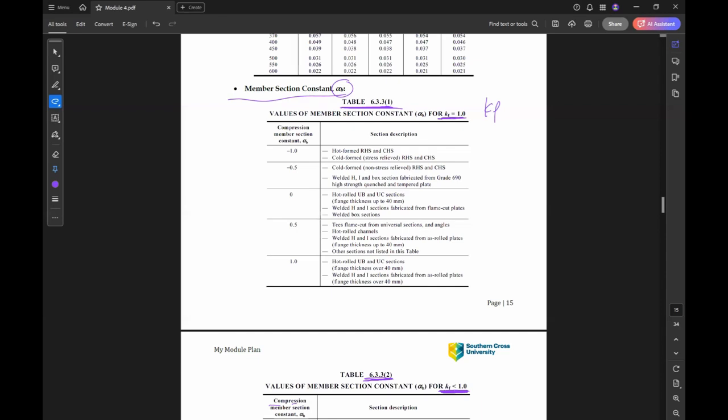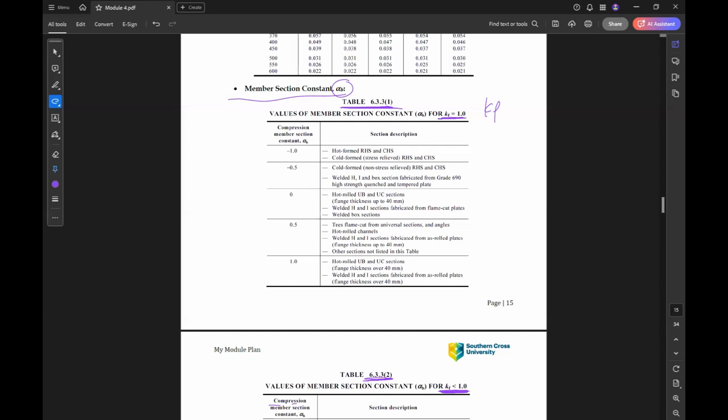So for example, if kf equal to 1, for hot rolled UB and UC section, alpha b equal to 0. UB again is the universal beam section.